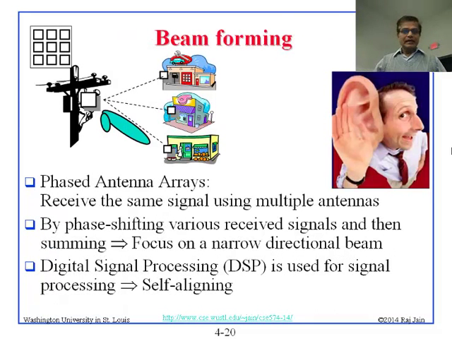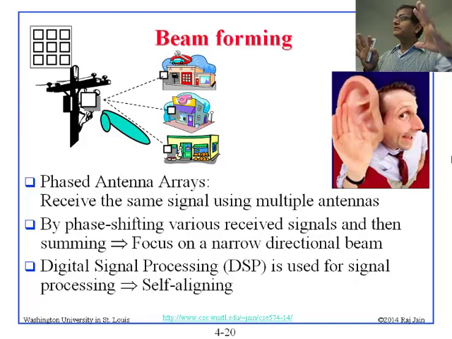And a similar concept happens in beam forming. So what is beam forming? The beam forming idea is that you keep lots of little antennas. So this one shows one big antenna here, but it's not really one antenna. It is lots of tiny antennas here. Okay? And they are phased.